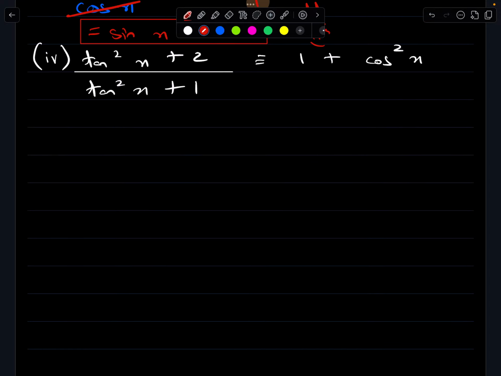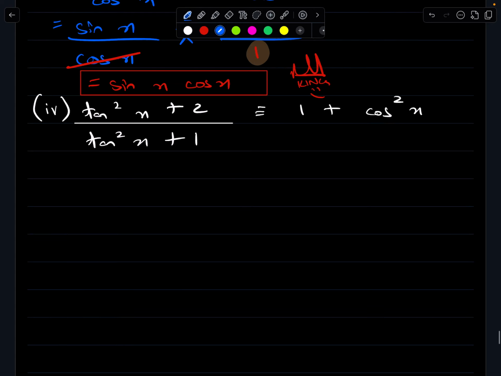Then moving on, our second last part of this question. Again, we have the right hand side in terms of cos. So we'll have to use the only identity we know for tan. Don't forget the square. I'll write this in a simpler form.